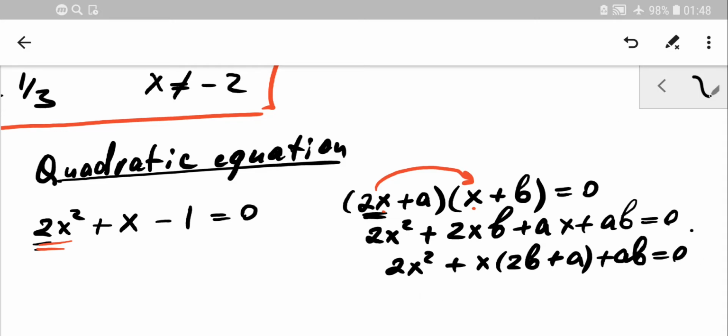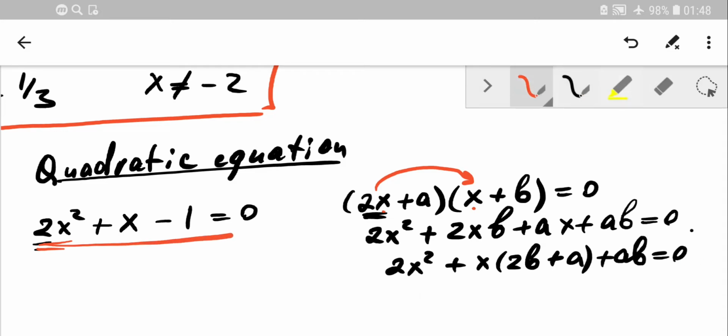Alright, now let's compare with the original expression. I had 2x squared, okay, let's match, plus x and minus 1. Okay, so it looks like ab should be equal to negative 1.